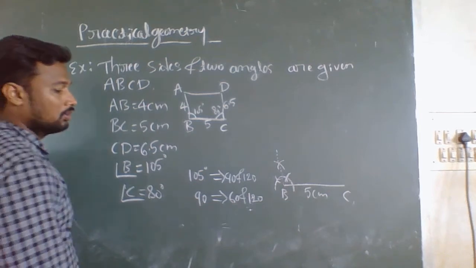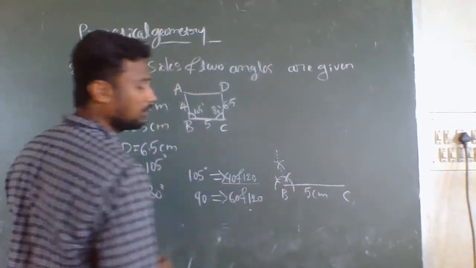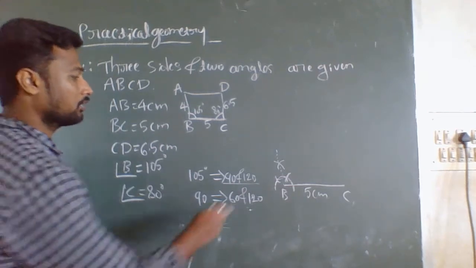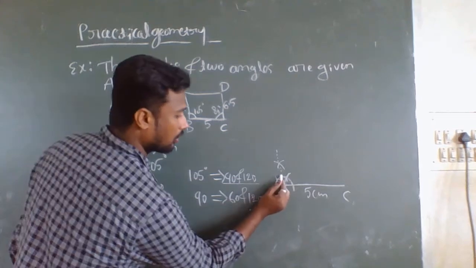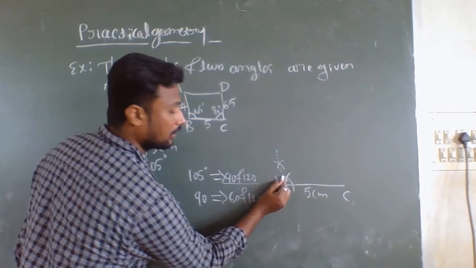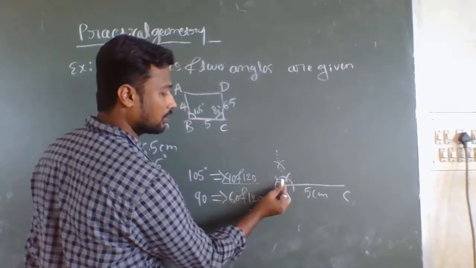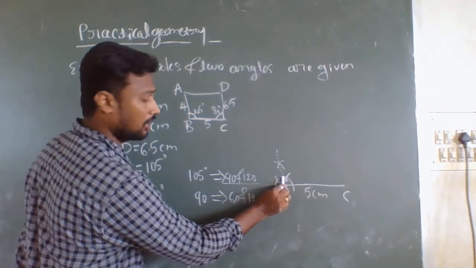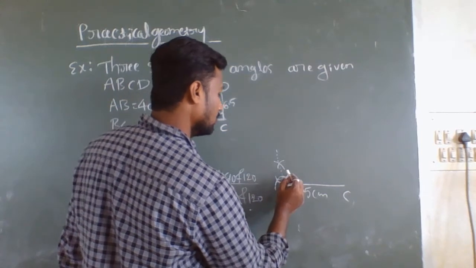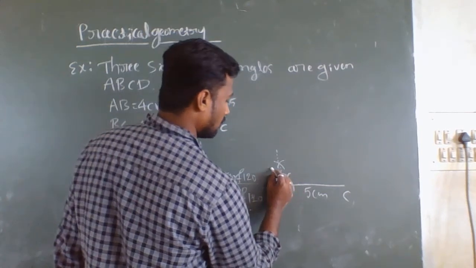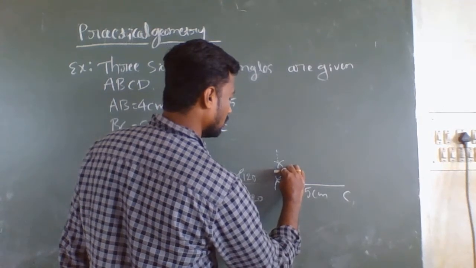Now you can construct 105 degree because it is between 90 degree and 120 degree. Keep the compass on the 90 degree line of intersection and, taking the same distance, draw an arc like this.